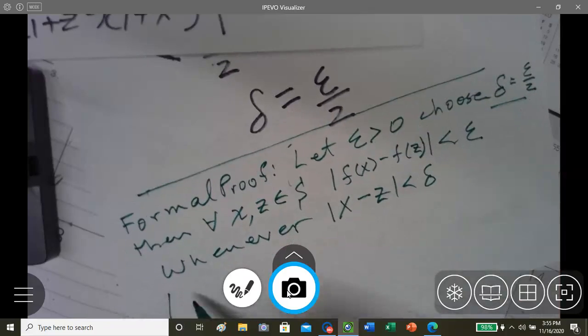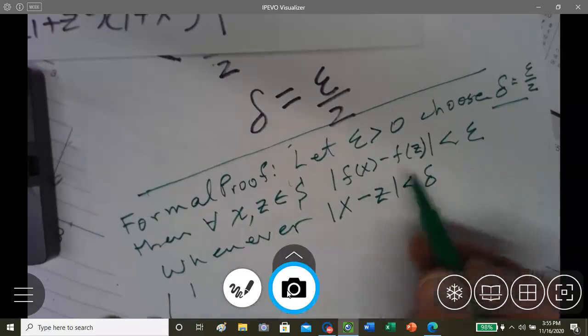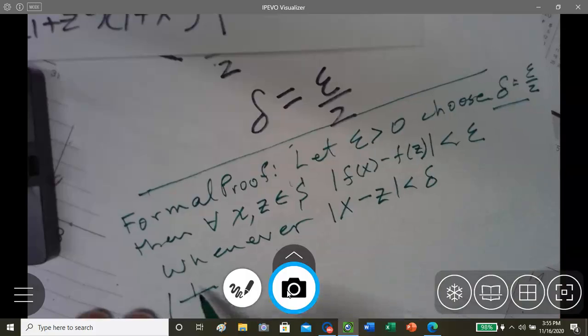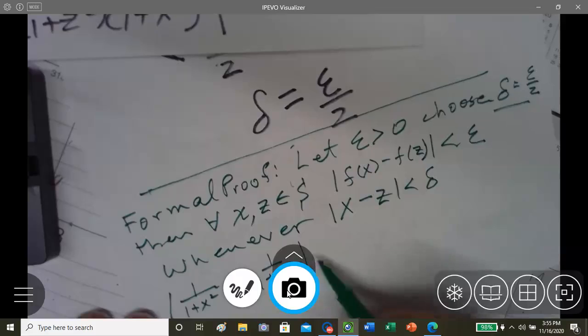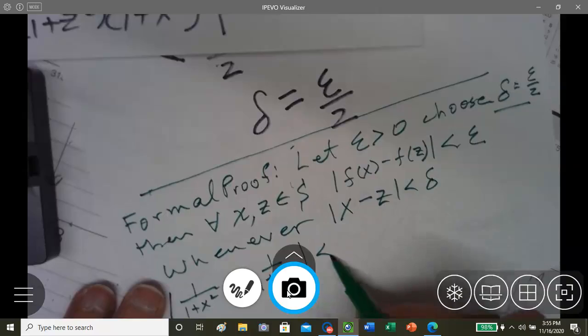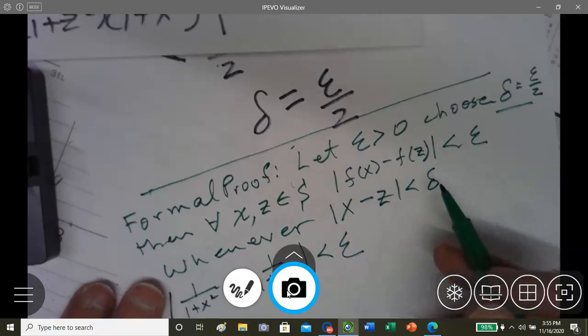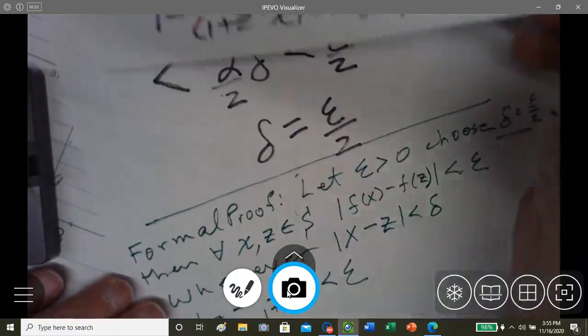So we put in for f of x minus f of z: 1 over 1 plus x squared minus 1 over 1 plus z squared, and this is less than epsilon. So now we go through this whole process again.